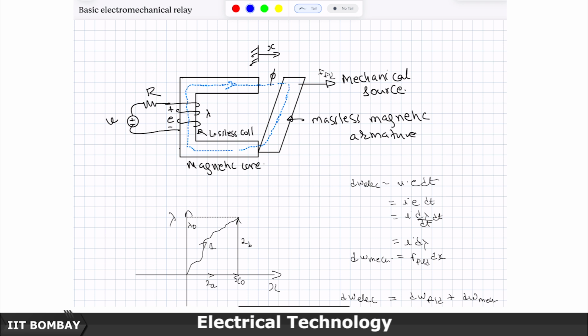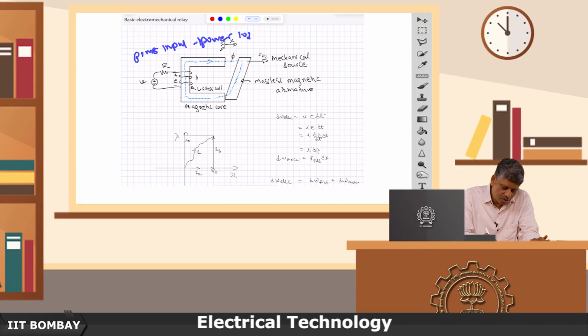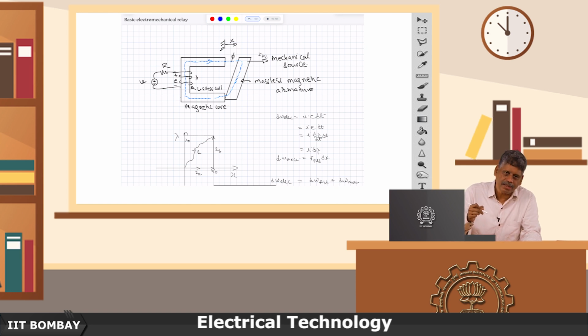So, what we are saying is power input minus power lost in resistor is equal to power which goes in the setting up of the magnetic field. If we talk of incremental energy in time dt, then it will have to be p times dt, because p is dW by dt, the rate of work.